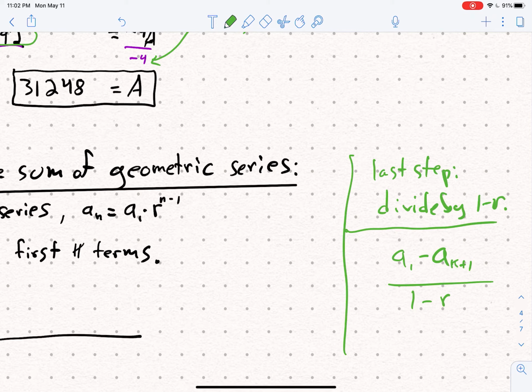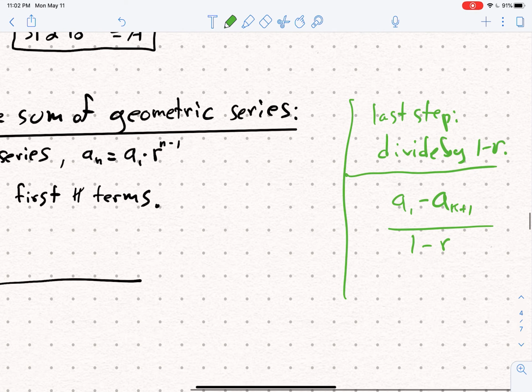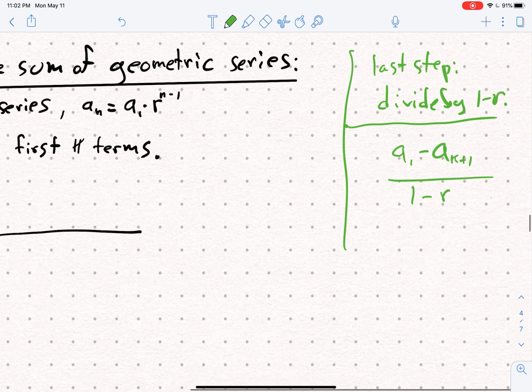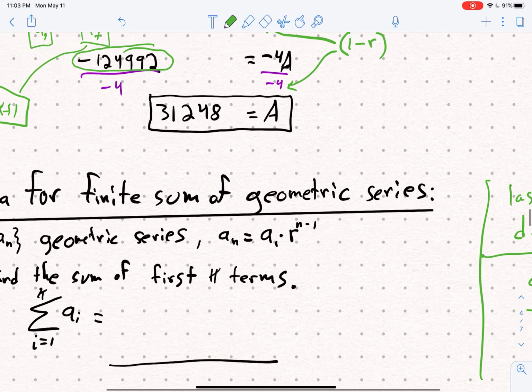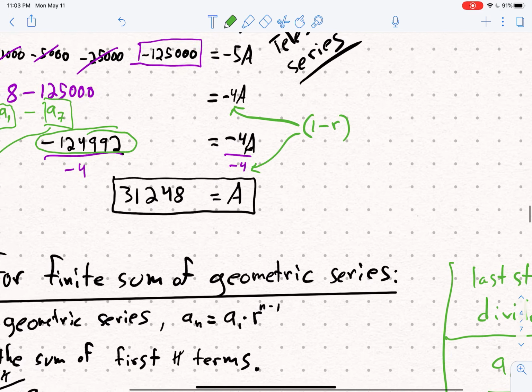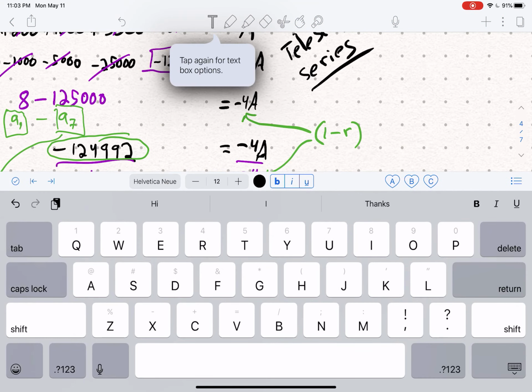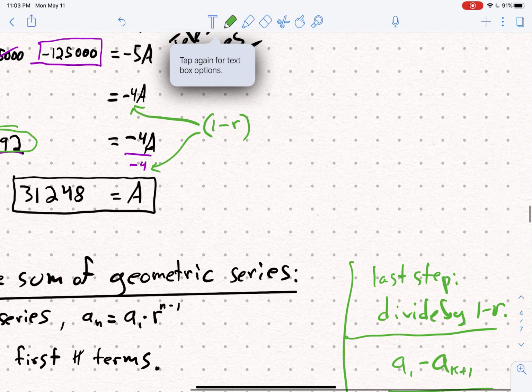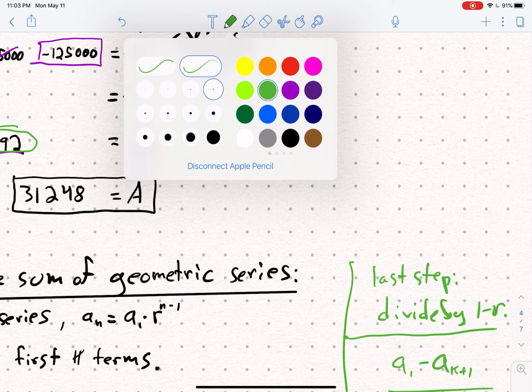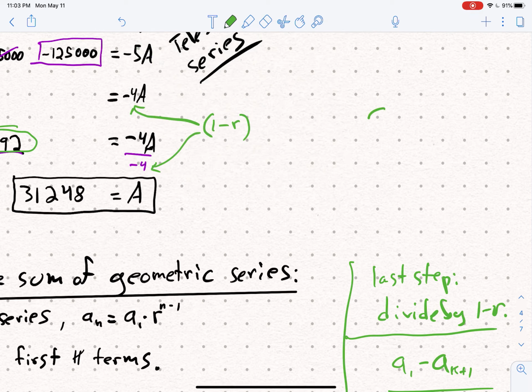So let's go ahead and calculate what a(k+1) is. Up here, this a(k+1), in this case, was negative 125,000. How can we jump to that immediately? Well, we just substitute into the general formula.